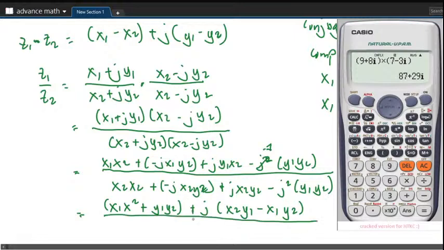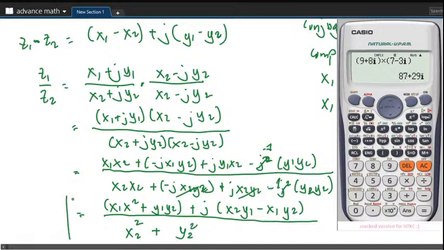Over this will be x sub 2 squared plus, this will be 0, since they are the same term, opposite in sign. Then negative 1 times negative 1 is plus y sub 2 squared.